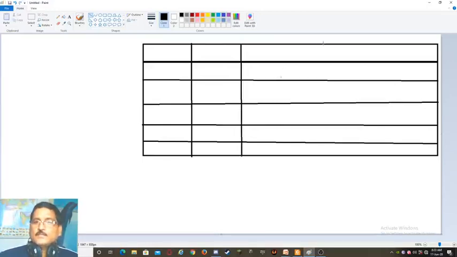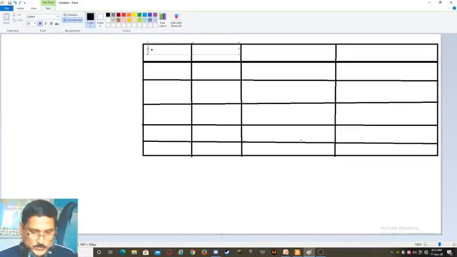Then fraction, so here fraction and central angle. Clear?